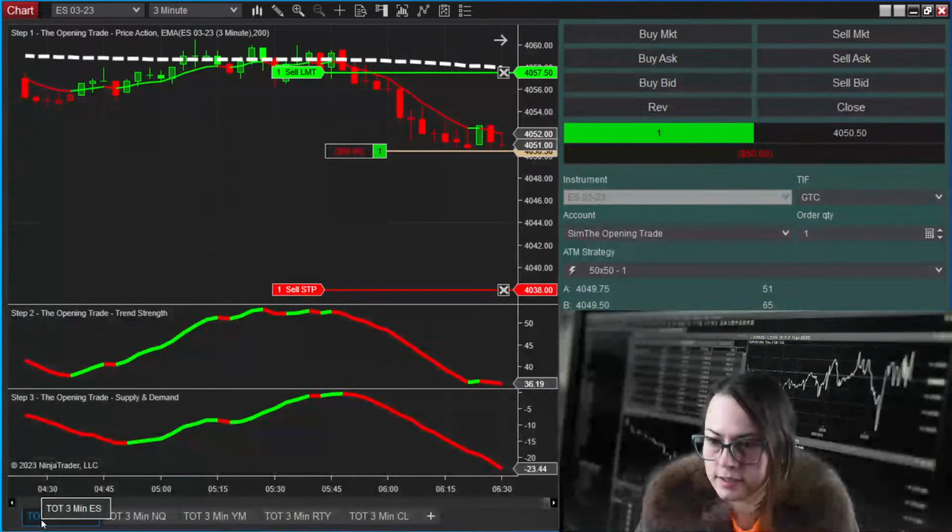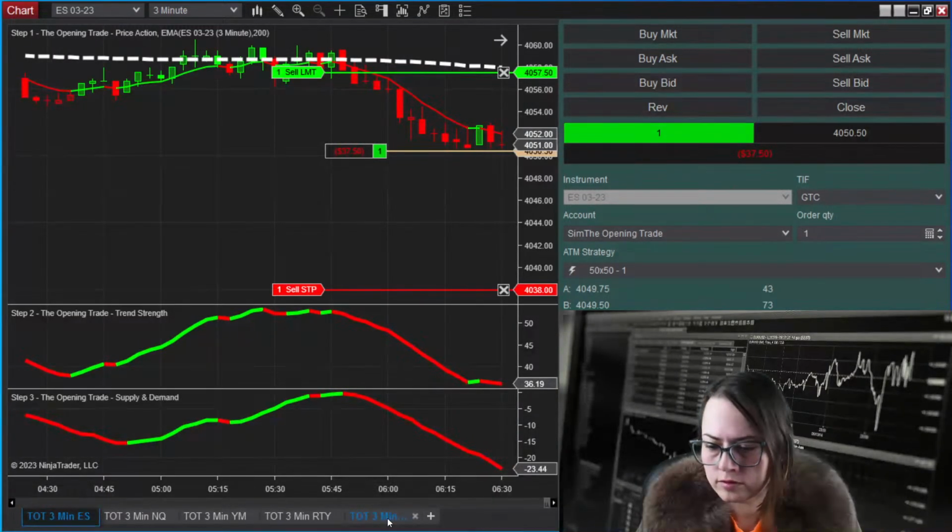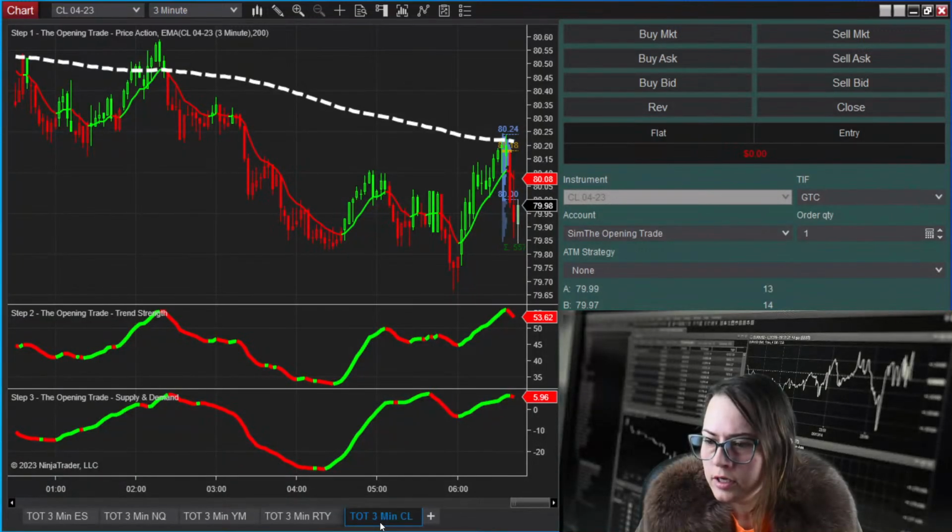All right, so we are in this trade. All right, let's take a look here. Here the crude oil is trying to come back up to the 200 period EMA, but we don't know if it is really on its way back until the candle closes.